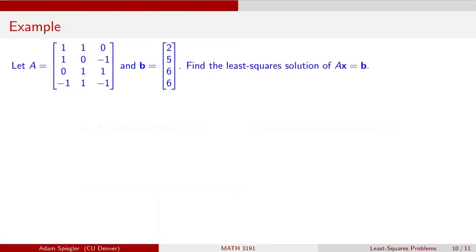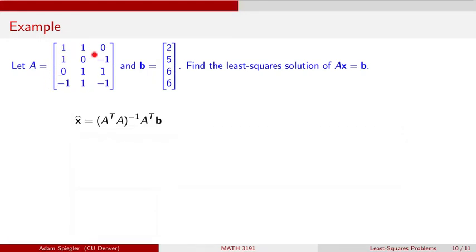Okay, so we are working with the same 4x3 matrix A from the previous slide and the same vector B from the previous slide, which was 2, 5, 6, 6. And now the question is saying, well, let's find the least squares solution to the equation AX is equal to B. So here the solution is going to be values for this vector X. So let's just recall what that solution looks like.